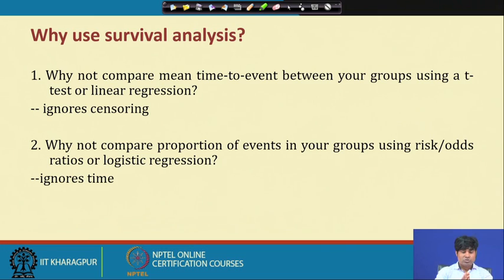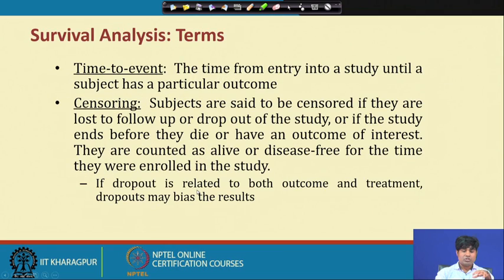The issue is, why not compare mean time to event between your groups using a t-test or linear regression? That ignores the censoring concept. So before you start the structure, we have to bring in such a checkpoint, then think about the particular structure, and then deploy this model.